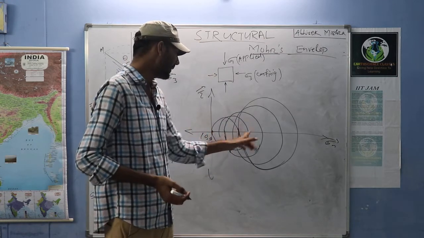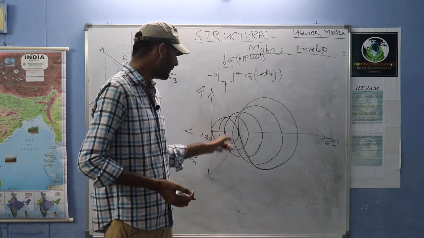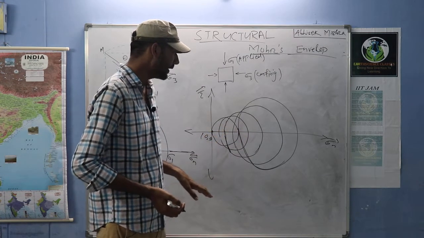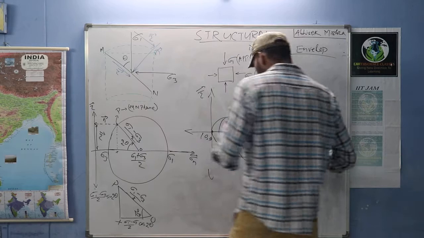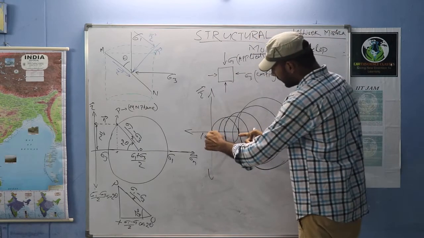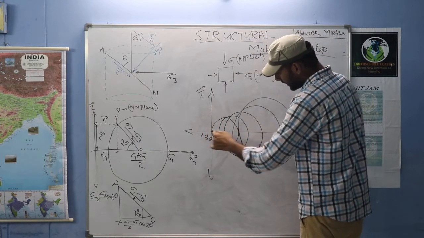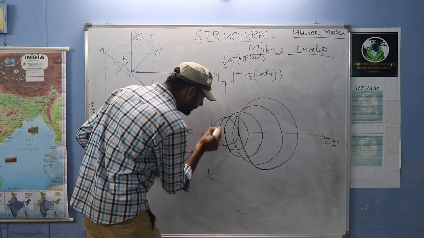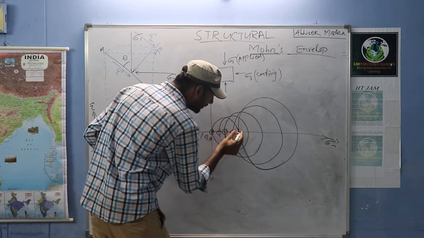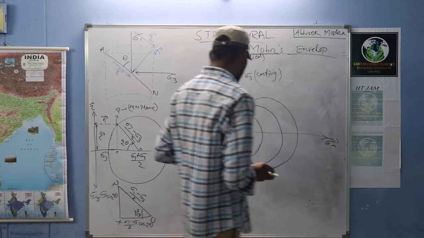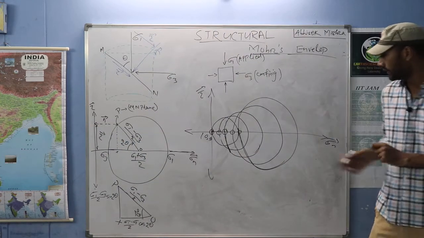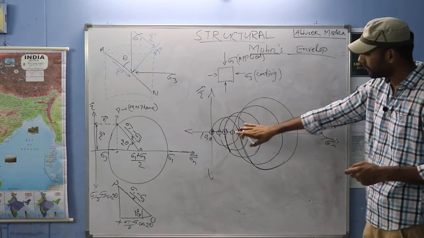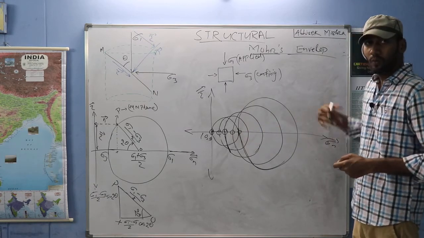As I have told, 0, 5, 10, I can put 0, 2.5, 5, 7.5, then 10, like this. So as I am increasing the sigma 3, these are the sigma 3, the lower limit of the circle. If I am increasing the sigma 3, the sigma 1 value is increasing to break the material.